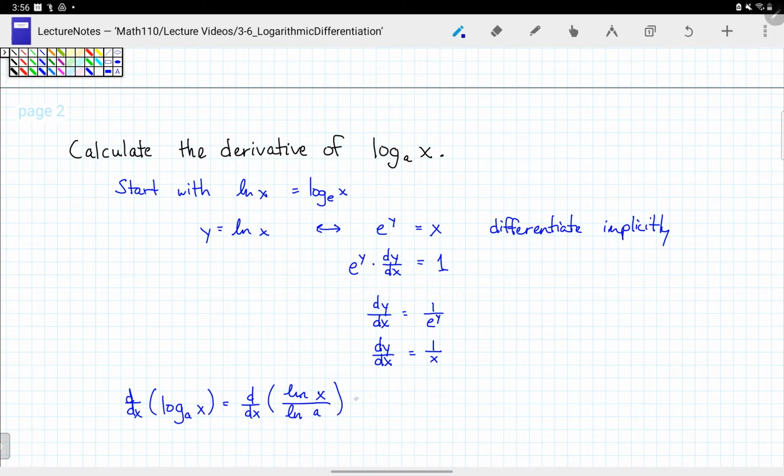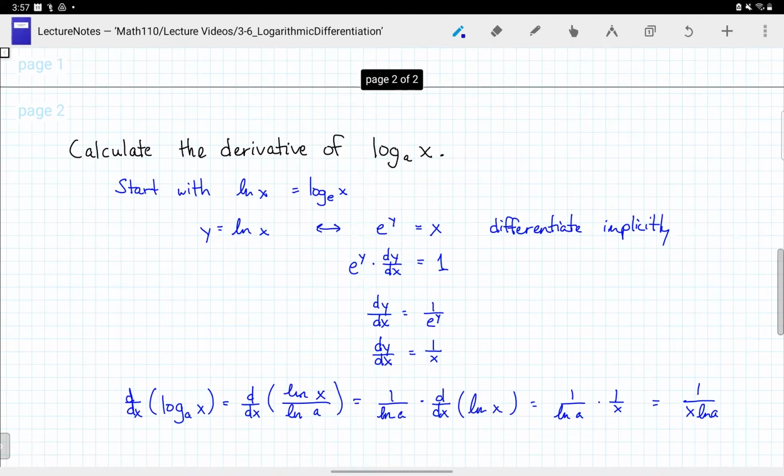So this is the same thing as 1 over the natural log of a times the derivative of the natural log of x. So it's 1 over the natural log of a times 1 over x, or 1 over x times the natural log of a. Okay, so this is another way of calculating that, starting with the specific base e, and then using the change of base formula to do any base a log.